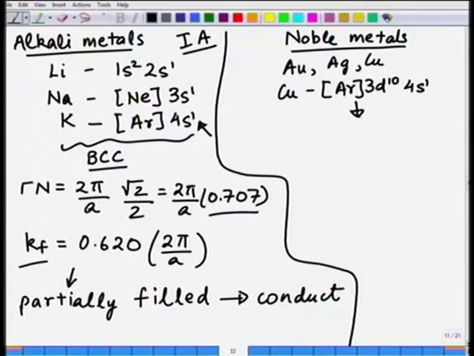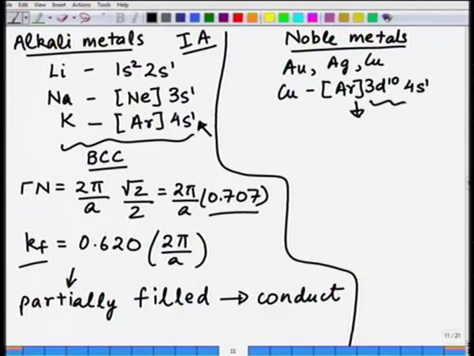Some complications begin to show up when you go to copper. If you are more interested, you can look at the reference I have given you, Electronic Properties of Materials by R.F. Hummel, where there is a band diagram shown for copper.